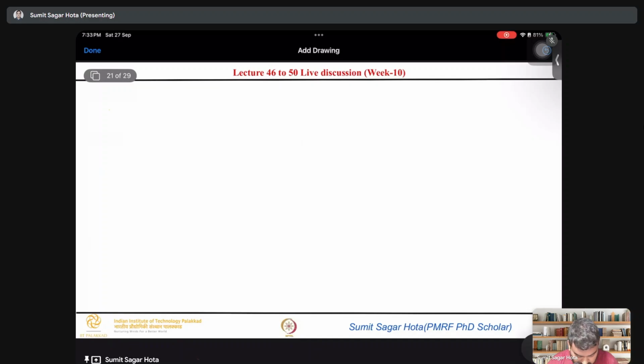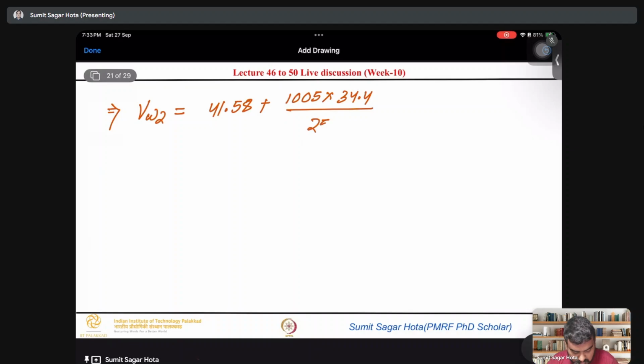Just substitute the values: VW2 is equal to 41.58 plus 1005 into 34.4 divided by 251.2 into 0.95. So VW2 is equal to 172.326 meter per second.